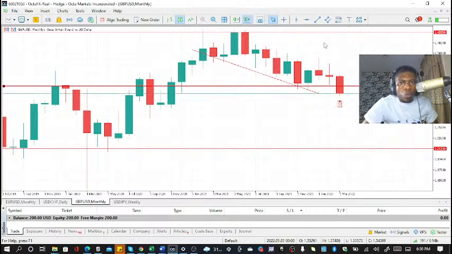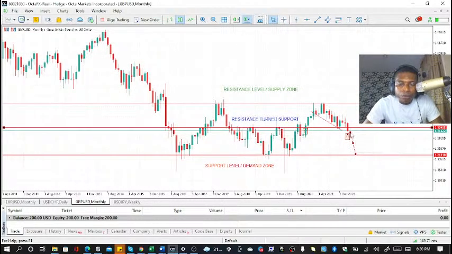Why? Because we might continue to see price move from here to here, right? We might continue to see price move from this level to this level, because price would want to come down and test the previous support resistance.